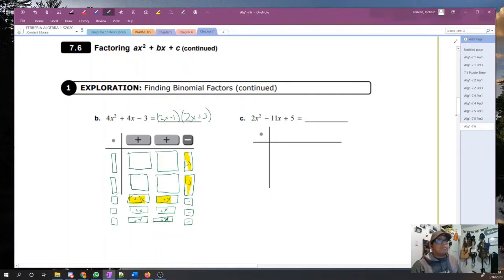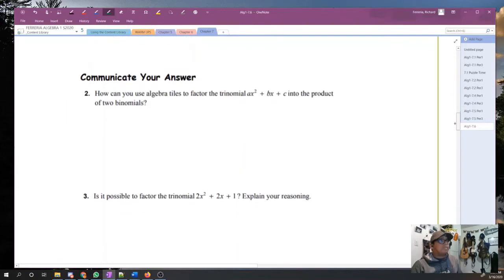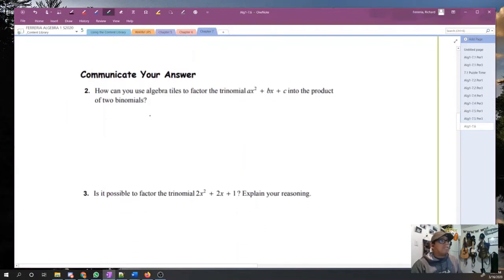Okay, moving on. How can you use algebra tiles to factor ax squared plus bx plus c into the product of two binomials? Okay, so we're going to lay out our tiles with a x squares.